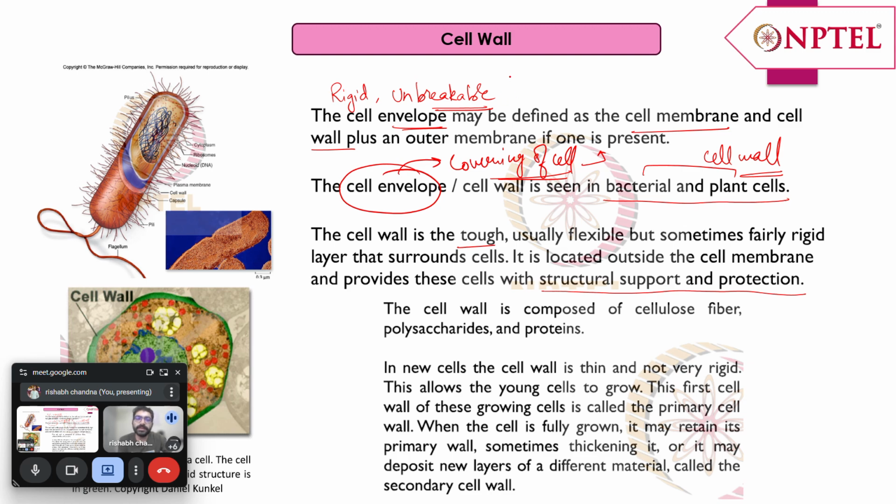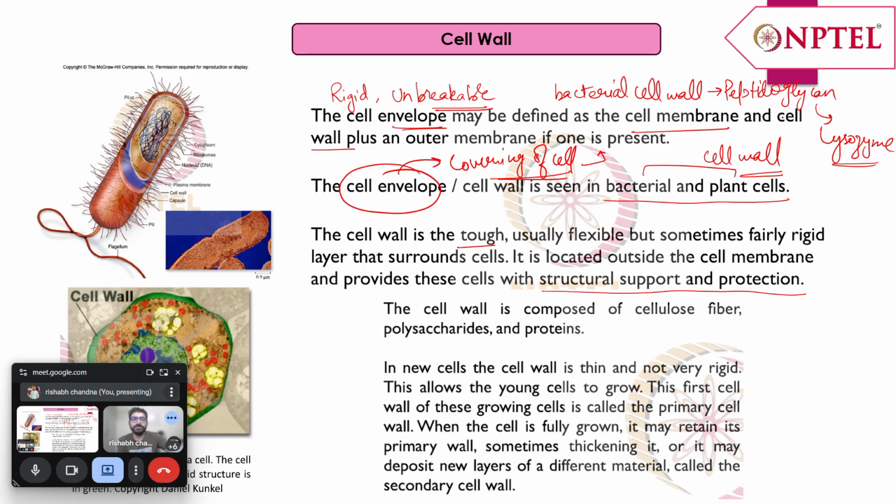Specifically, they require certain enzymes to break them. For example, the bacterial cell wall is made up of peptidoglycan, and lysozyme is required to break that down.